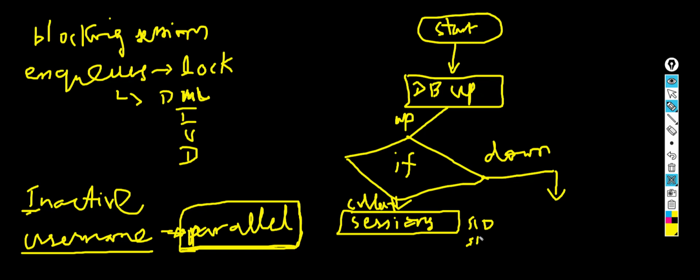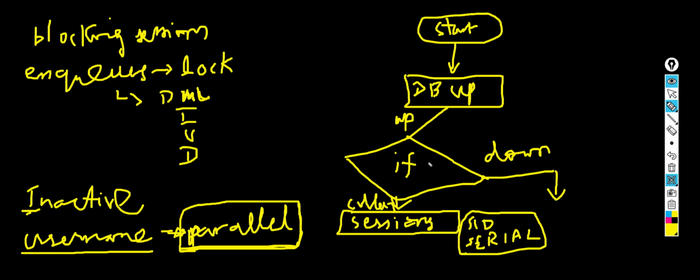So these two details are very important to kill those sessions. We don't have any other identifiers to kill, right? So when we use alter system kill session, these two details are very important. So that's the reason we need to collect the session ID and serial number first, right?